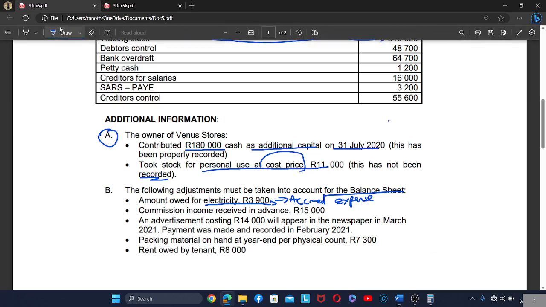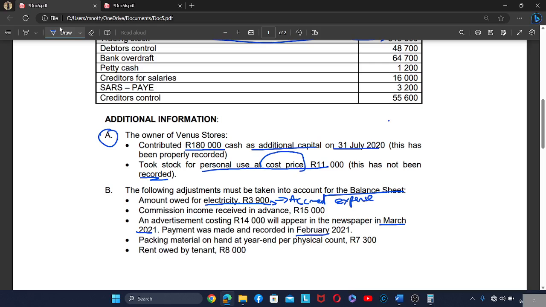And then the next point, an advertisement costing 14,000 will appear in the newspaper in March 2021. Payment was made and recorded in February 2021. This advertisement is for March 2021, and our year ends on 28 February 2021.